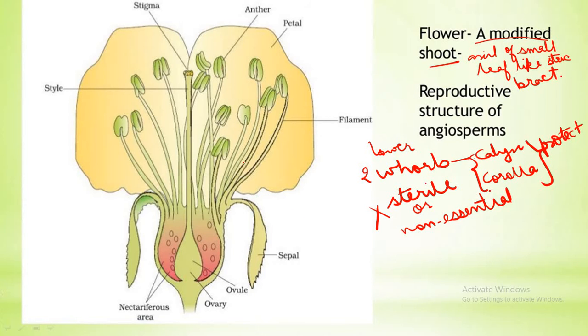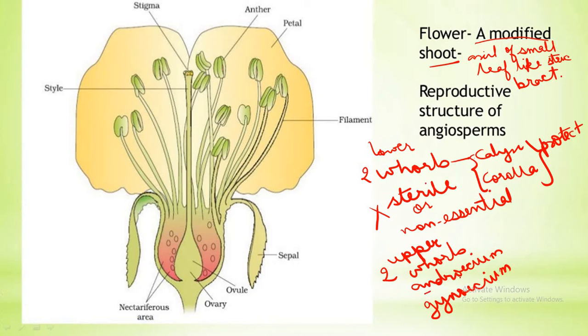Now, the reproductive parts of the flower are the two upper whorls, and they are androecium and the second one is gynoecium. Androecium is the male reproductive part of the flower, and gynoecium is the female reproductive part of the flower. Now, let us discuss different parts of a flower in brief. Let us talk about calyx first.